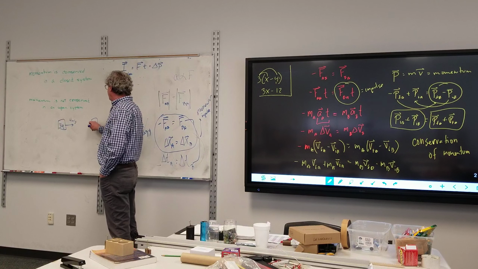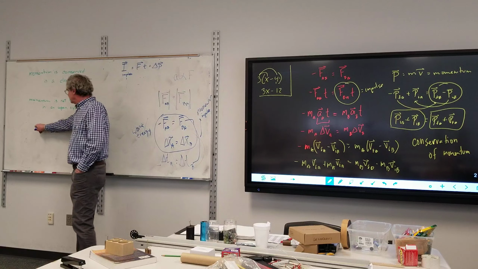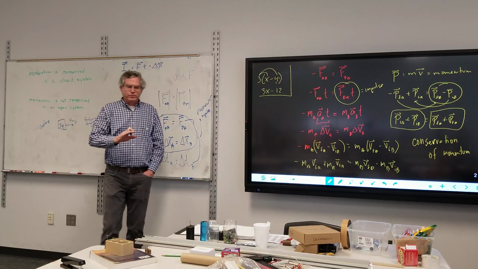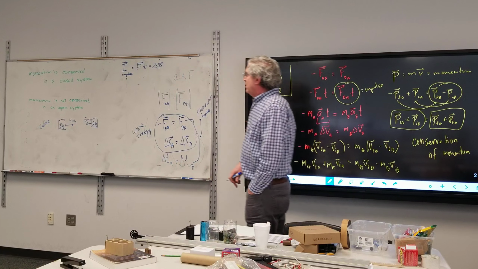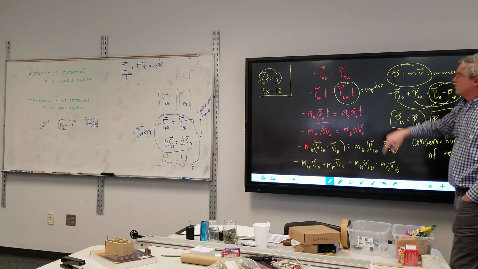I have a 2 kilogram mass heading to the left at 5 meters per second. So this is before. So let's just start out with just the before. What is the momentum? Again, that's my equation right there. What is the momentum of the 3 kilogram mass?